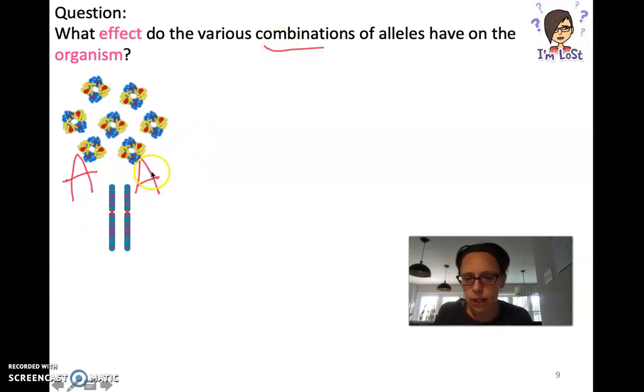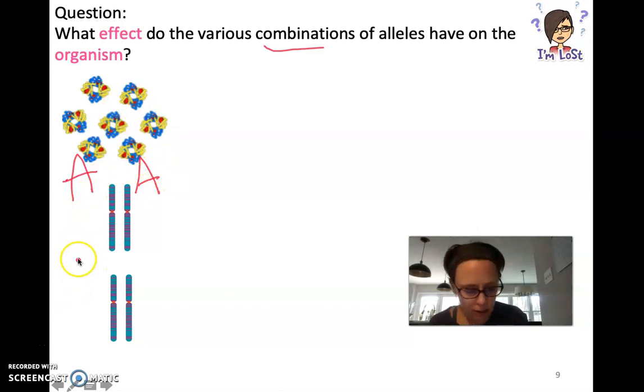All right, let's do another example. Suppose a person has big A on one chromosome, and on the other chromosome, they have little a. Well, their hemoglobin is still going to be normal because this is what recessive is.